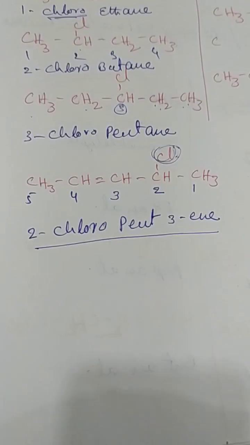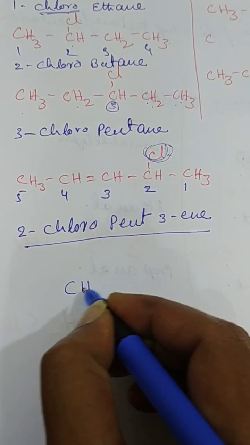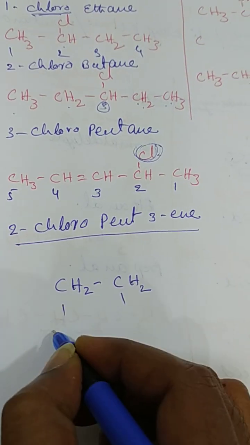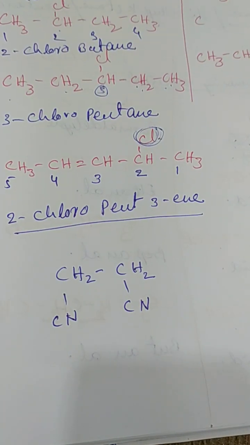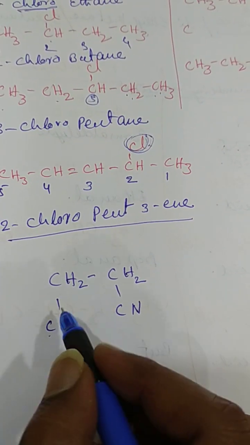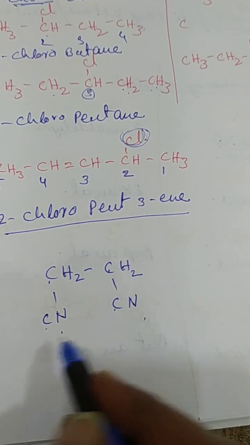Okay. See, this appeared in a competitive exam. If the compound is like that, CH2, CN and CN, then what is the name of this compound? This is carbon, carbon, carbon, carbon, 4 carbons, and nitrogen, nitrogen.